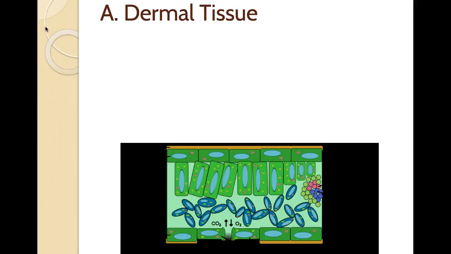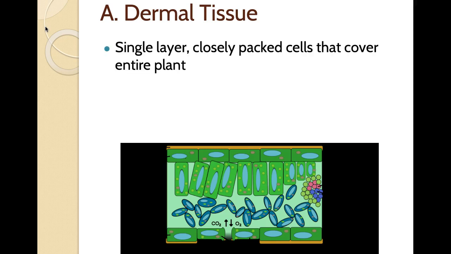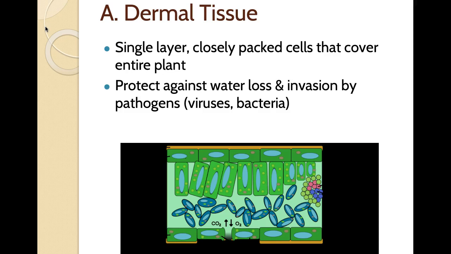Dermal tissue is a single layer of closely packed cells that cover the entire plant, consisting of a single tissue called the epidermis. Dermal tissue protects against water loss and invasion by pathogens like viruses and bacteria, which can affect plants as well. And often there's a cuticle layer, which is a waxy layer outside that epidermis or dermal tissue.